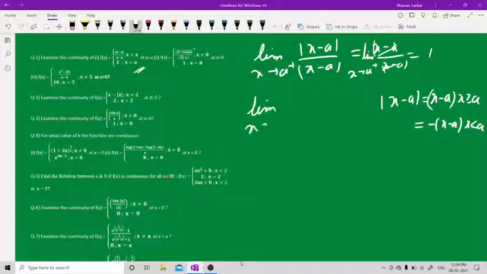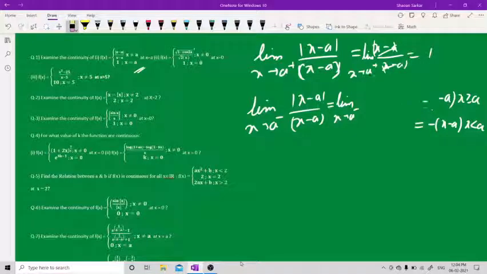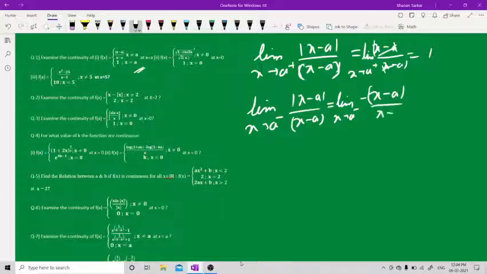Limit x tending to a minus of mod x minus a upon x minus a will give you minus (x minus a) upon (x minus a), which cancels out, minus 1.